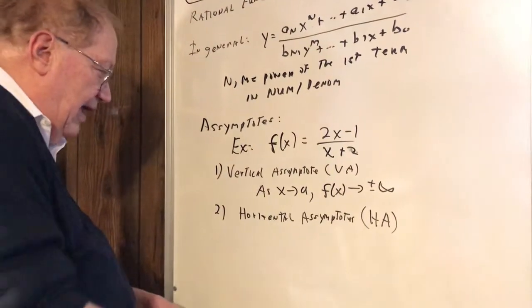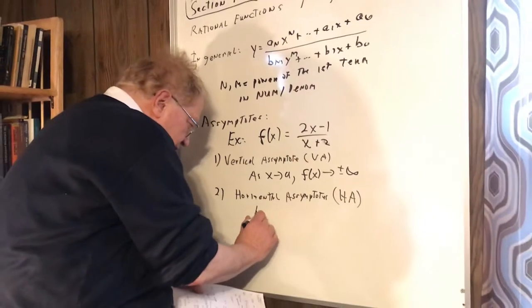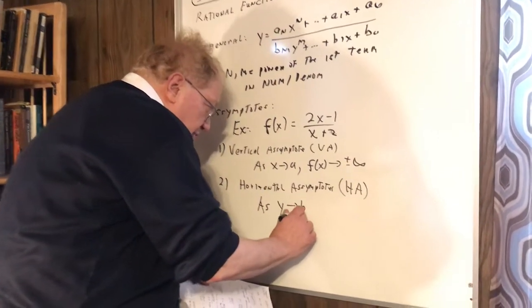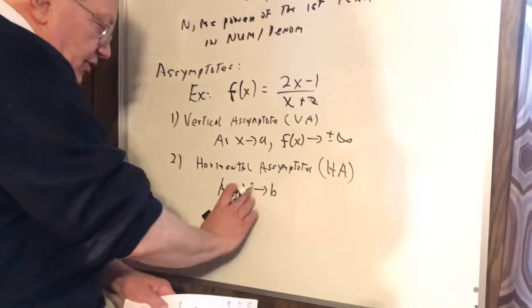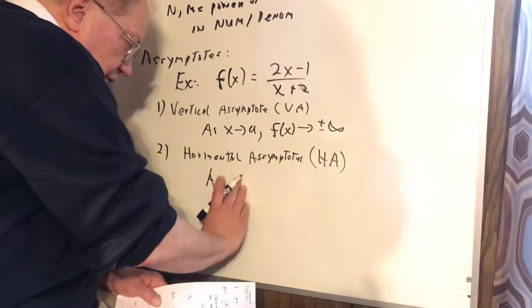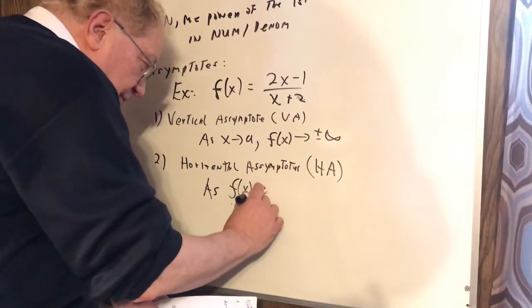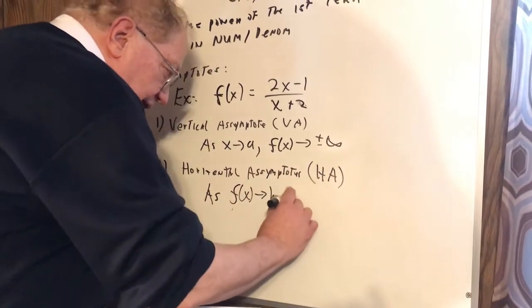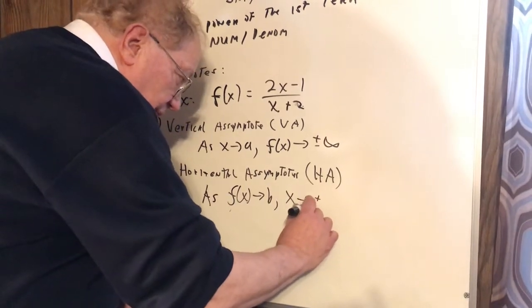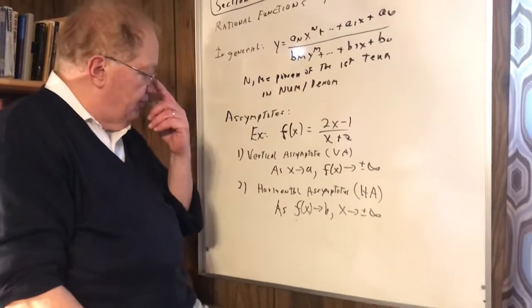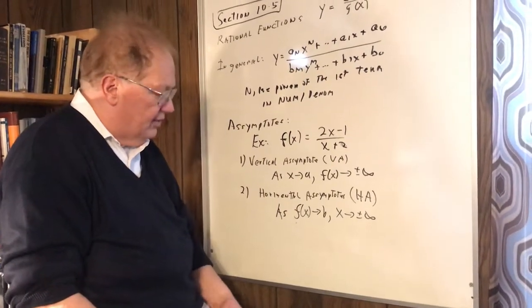As x approaches plus or minus infinity, f of x, or y, approaches some constant b. So there is your vertical asymptotes and there is your horizontal asymptotes.